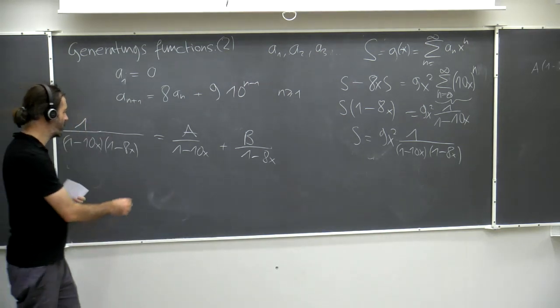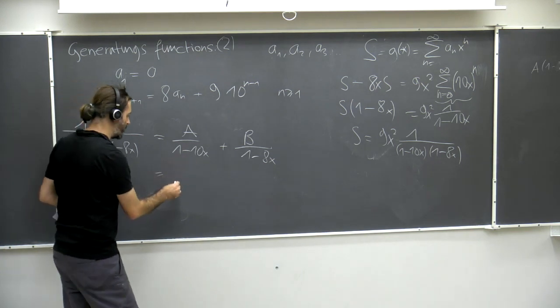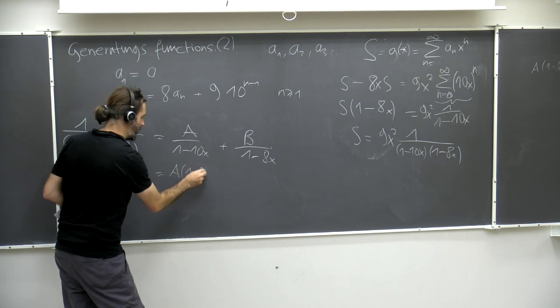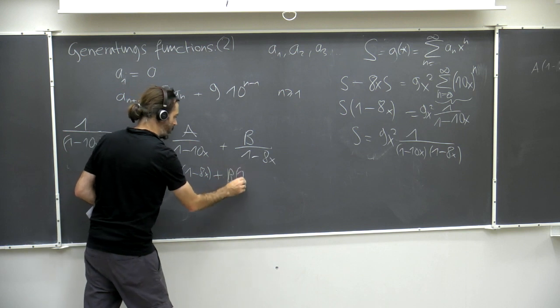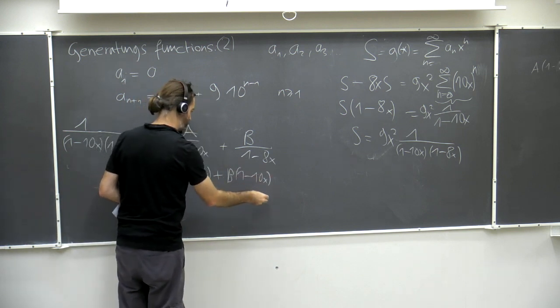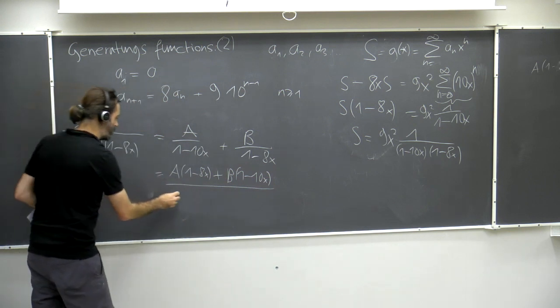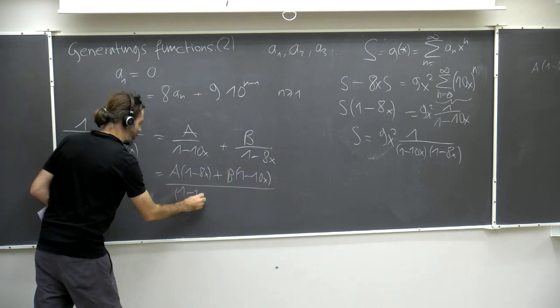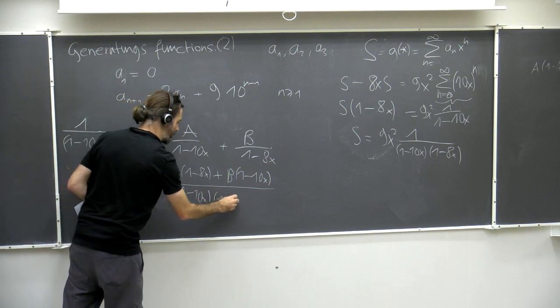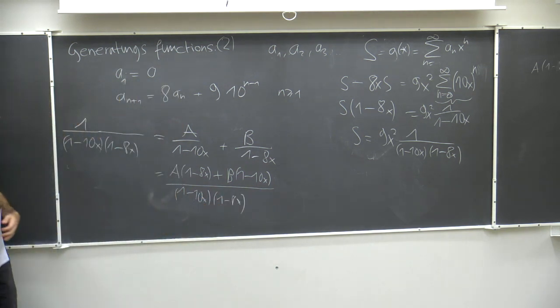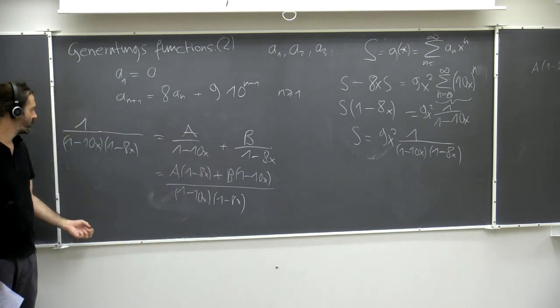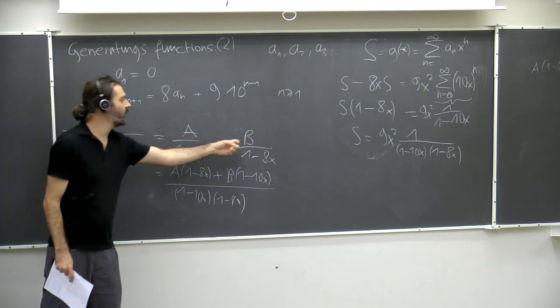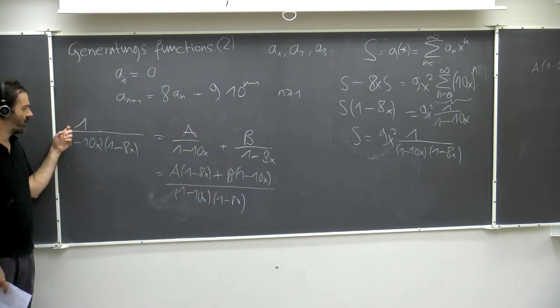What I wrote there is that this is equal to, bringing them on the same side, a times 1 minus 8x plus b times 1 minus 10x divided by the same thing as on the left-hand side, 1 minus 10x times 1 minus 8x. So these two things are the same, just by the rules of adding fractions. And we want to find a and b, and I find them slightly differently than in the book.